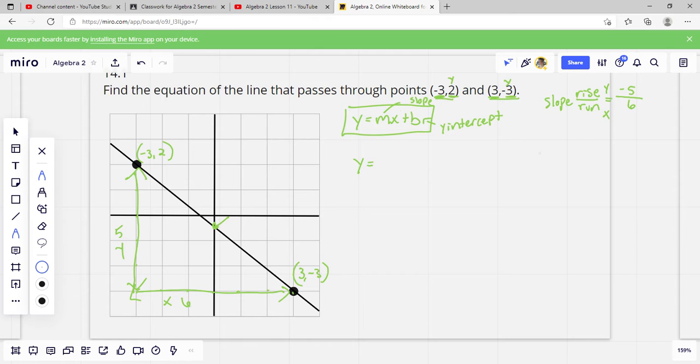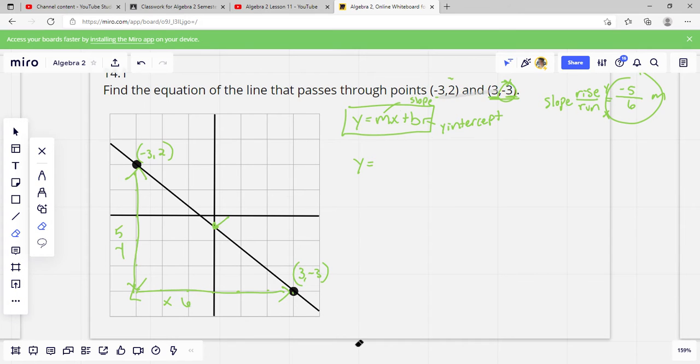Okay? Alright, so now I know my slope. That's my m value. And there are fancy equations like y2 minus y1, blah, blah, blah. You don't have to worry about that. Just think about it as my change in y goes on top. So how far did I go if I started at 2 and went to -3? My x is on the bottom. How far did I go if I went from -3 to 3?